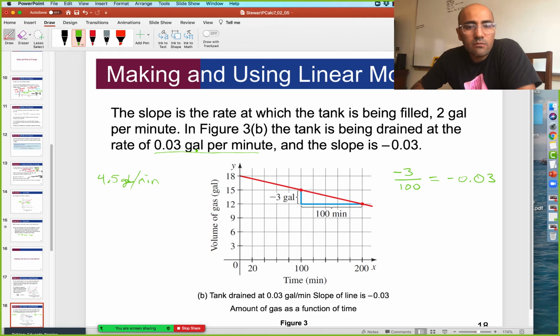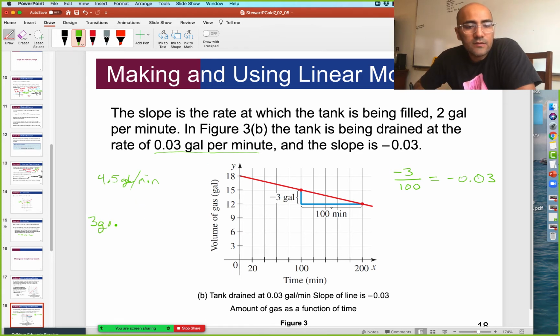So in a case like this, you might want to leave it in terms of whole numbers and say that you're draining at a rate of 3 gallons per 100 minutes. It's just a personal choice whether you describe it one way or the other. But it's more compact to say gallons per minute instead of 3 gallons per 100 minutes.